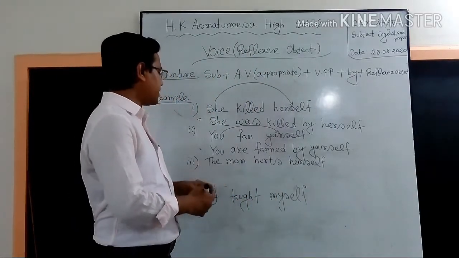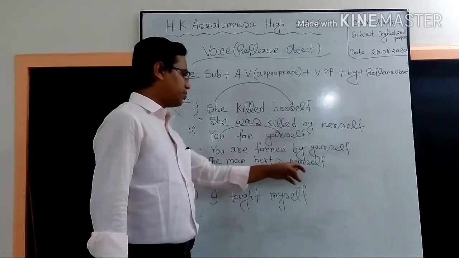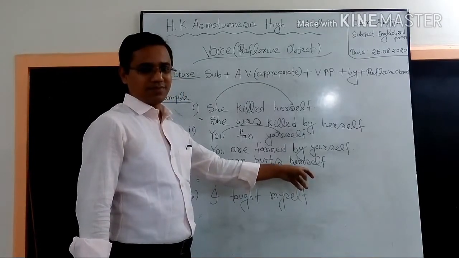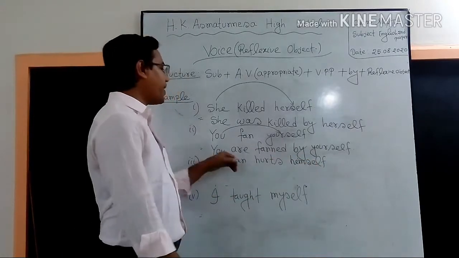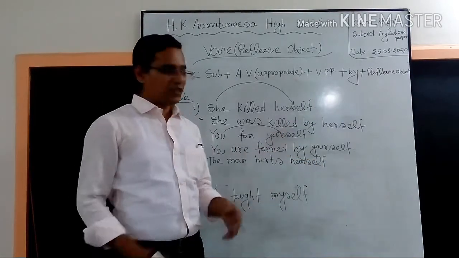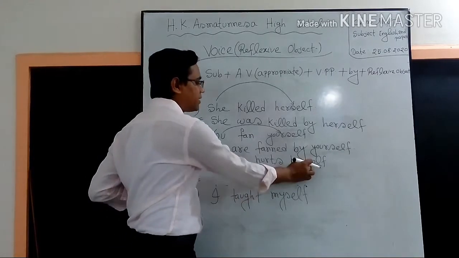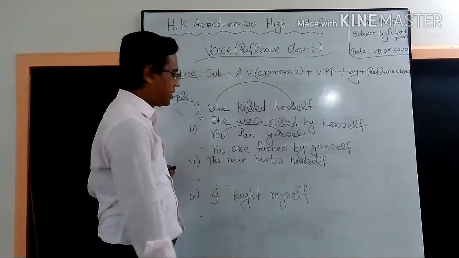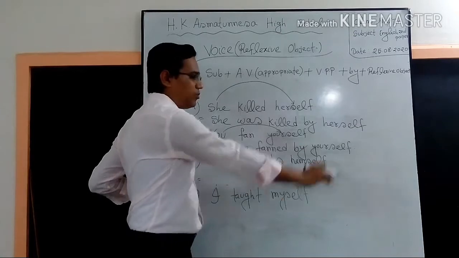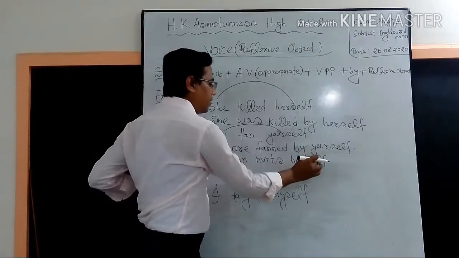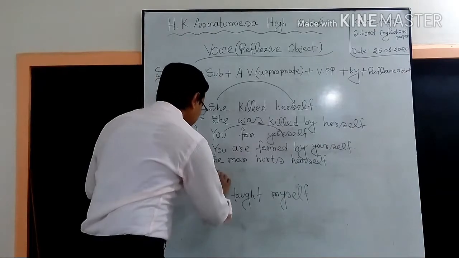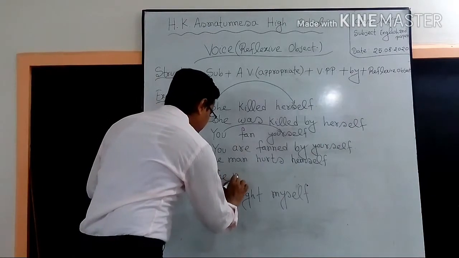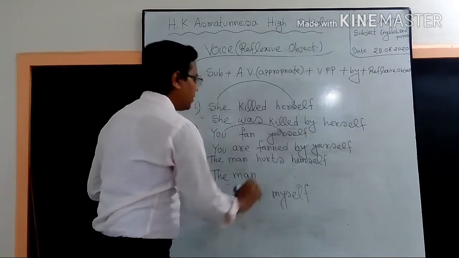Look at the third sentence. The man hurts himself. That means the man is hurting himself. So the subject and the object are the same person, and the subject reflects the object. So this is a reflexive object. Okay. So the subject is the man.